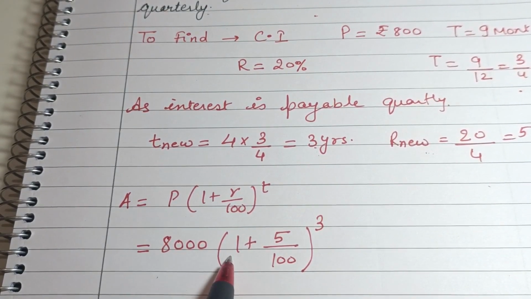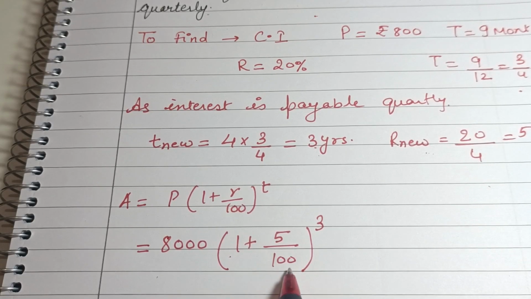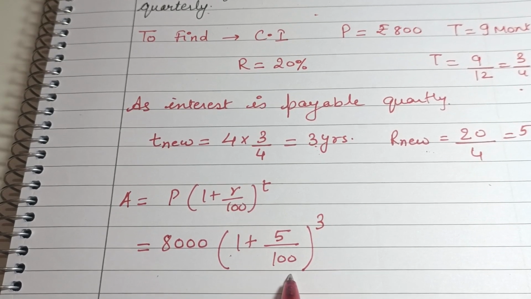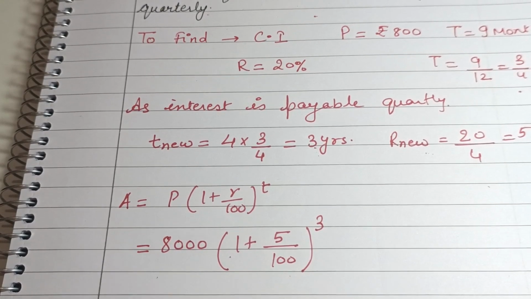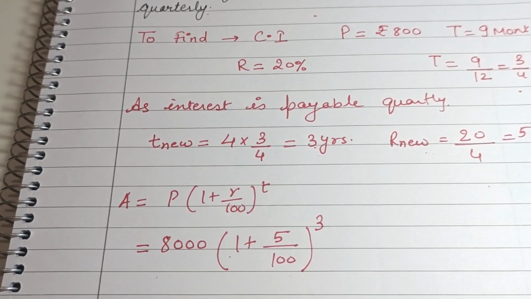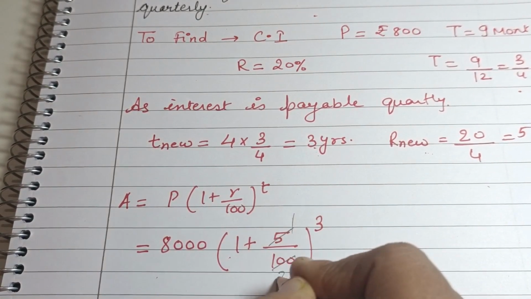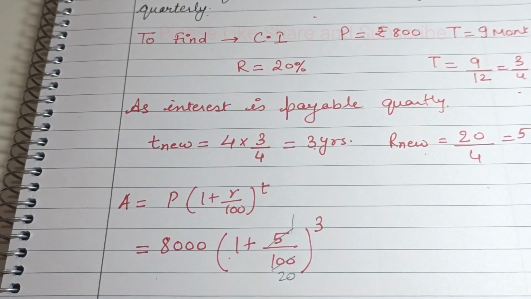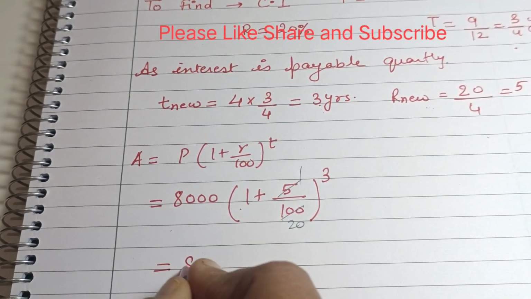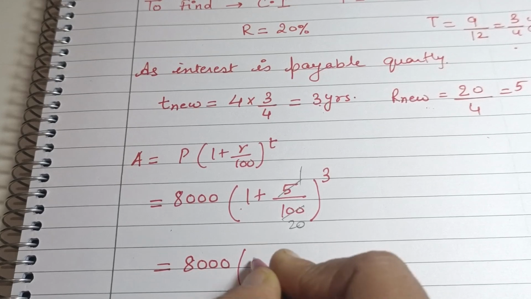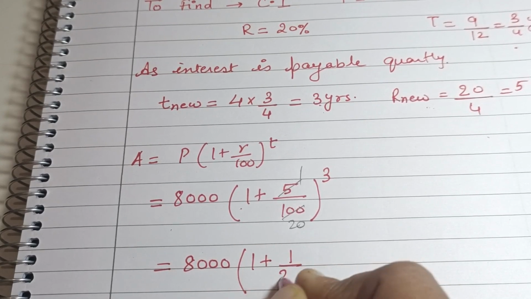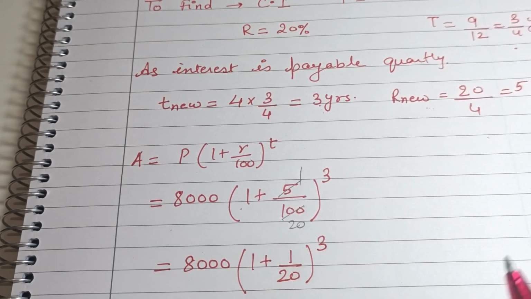In the fraction, numerator and denominator have the common factor 5, so both of them will be divisible by 5. So you get 8,000 into the bracket 1 plus 1 upon 20 to the power 3.